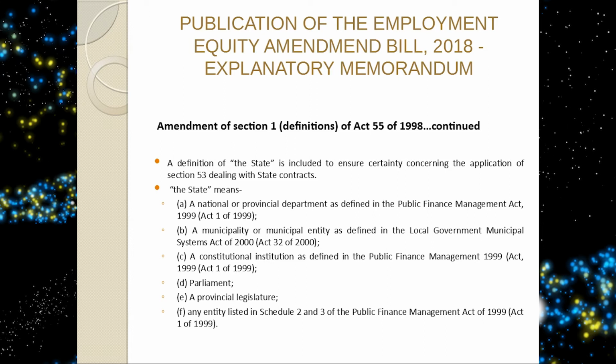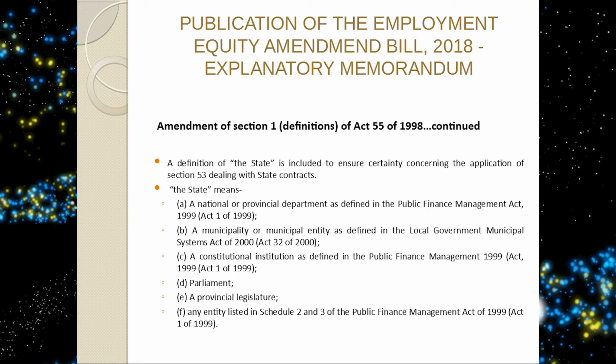Still on definitions. A definition of state is included to ensure certainty concerning the application of Section 53. So what the amendment bill is trying to do here is to ensure that companies cannot create loopholes on whether it's a state contract or not. Bottom line is the following. A state will be any national or provincial department as defined in the Public Finance Management Act.